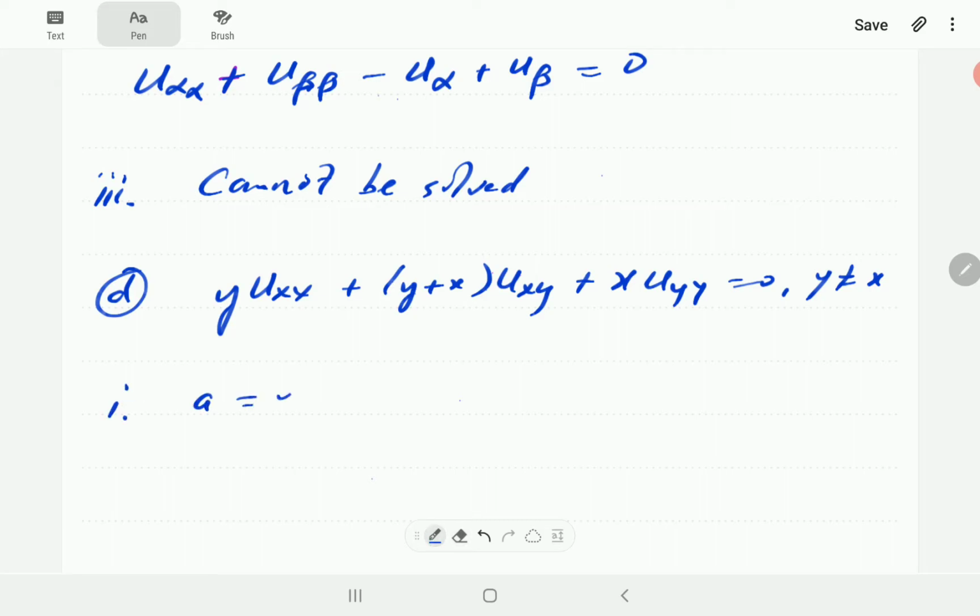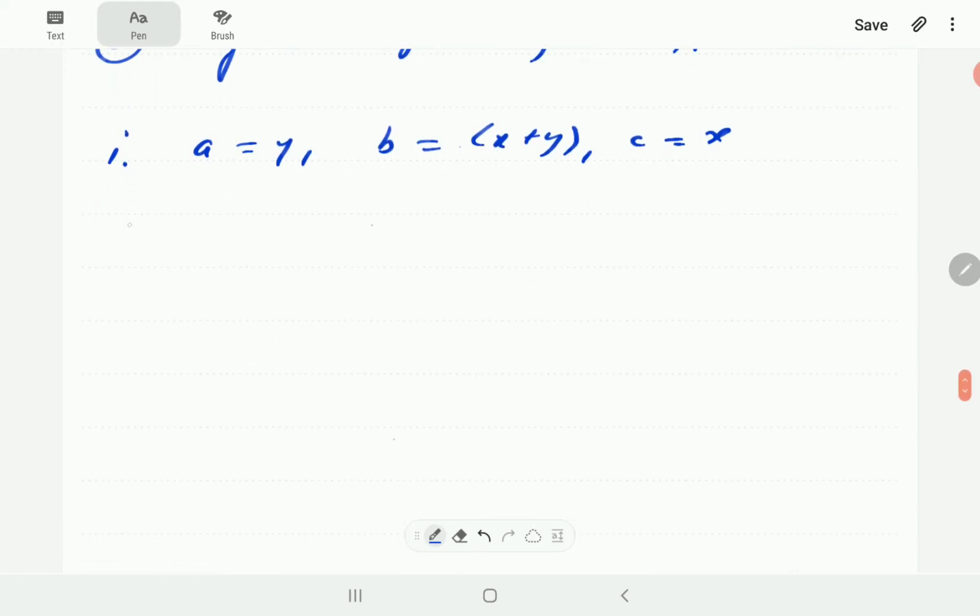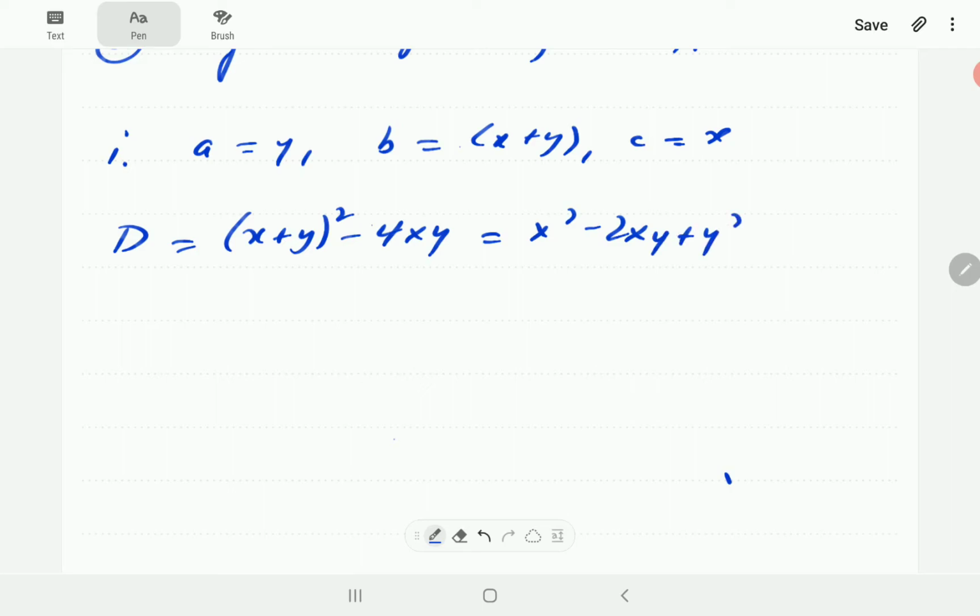So A is equal to y, B is equal to x plus y, C is equal to x. So the discriminant, which is b squared minus 4ac, this is simply going to be x squared minus 2xy plus y squared.